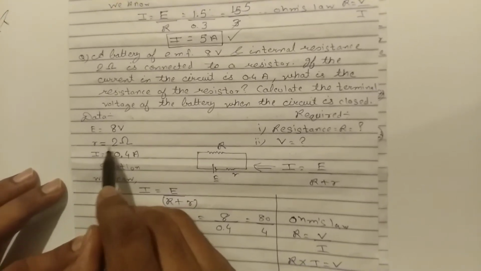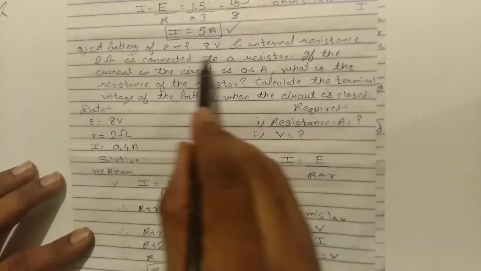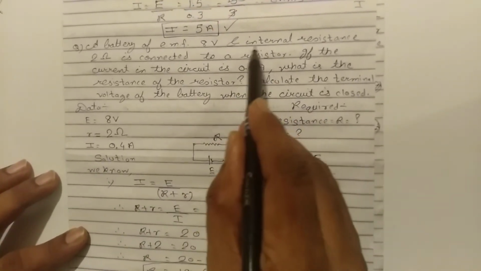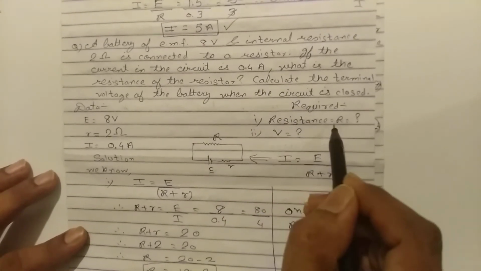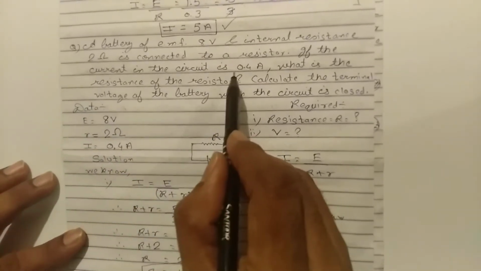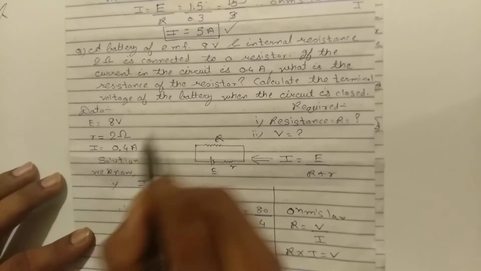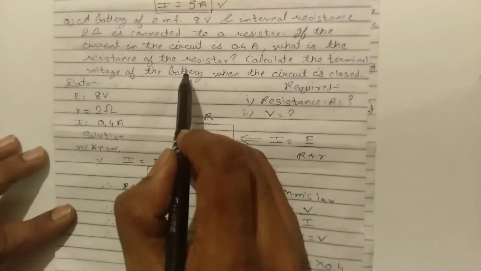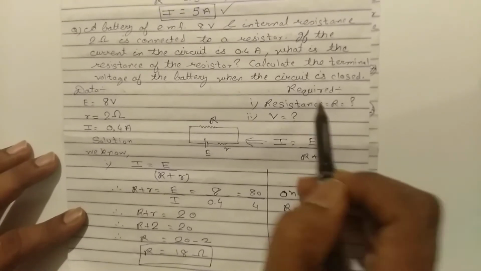The internal resistance is 2 ohm. It is connected to a resistor. The value of the resistor we don't know, it will be R. The current in the circuit is given, 0.4 ampere. We have to find the value of R.